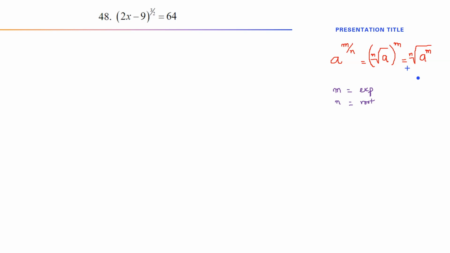In this case, we can rewrite this as the square root, because n is 2, of 2x minus 9. And don't forget the numerator is 3, so we have an exponent of 3. I would like to put it outside, because I know that 64 is 4 to the cube.